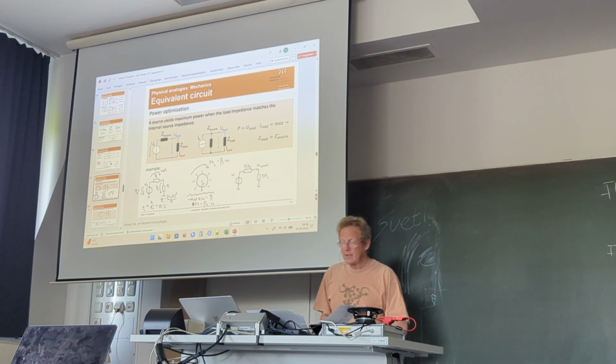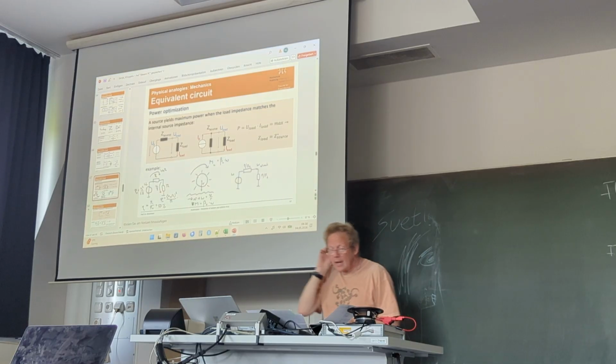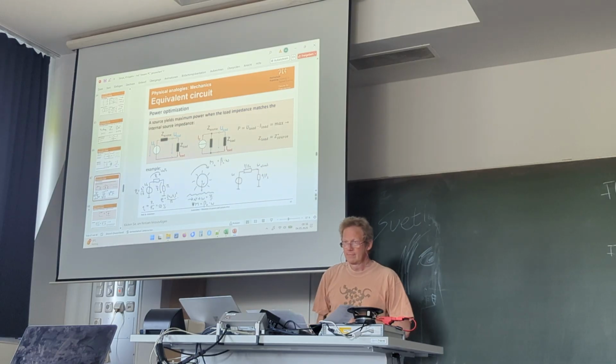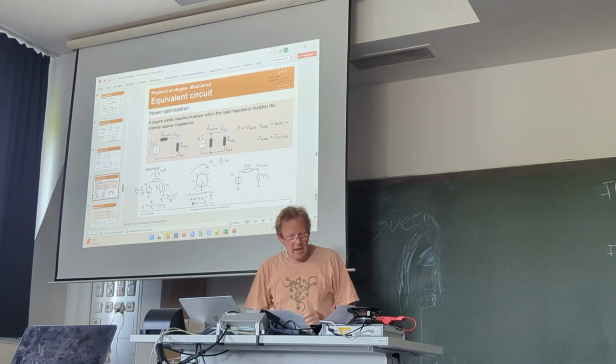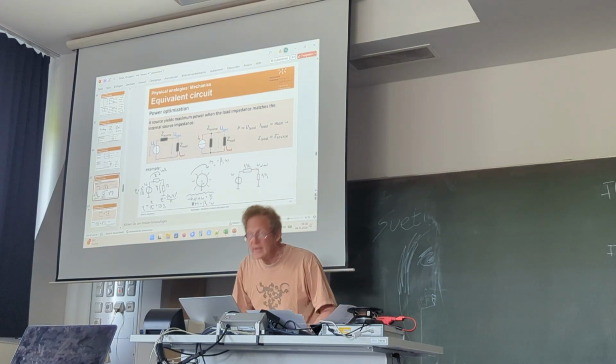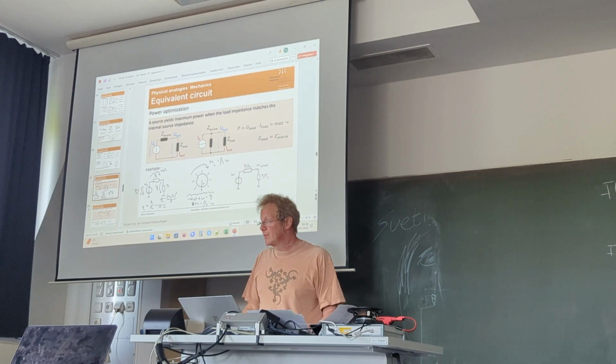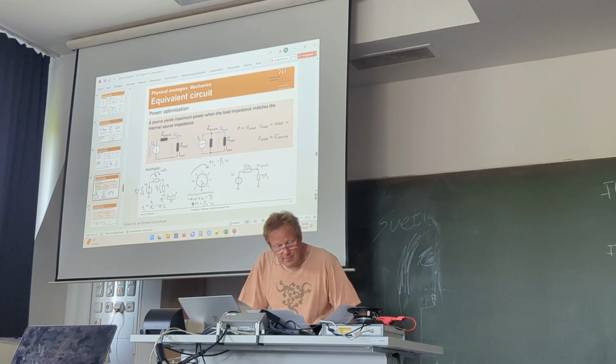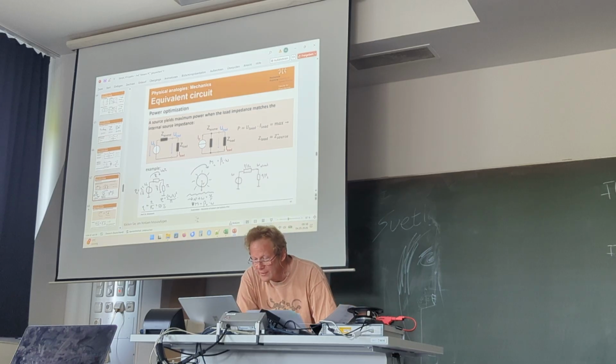And we can do the same in the mechanical world. The analogy here was, for example, a pair of cogwheels. We will see that in a moment in one of the tasks of the exercise sheet. Okay, so that's one thing.